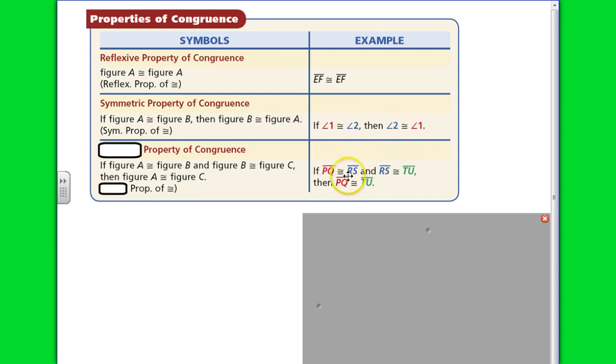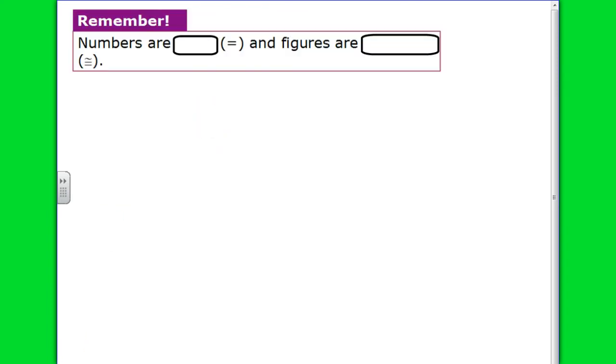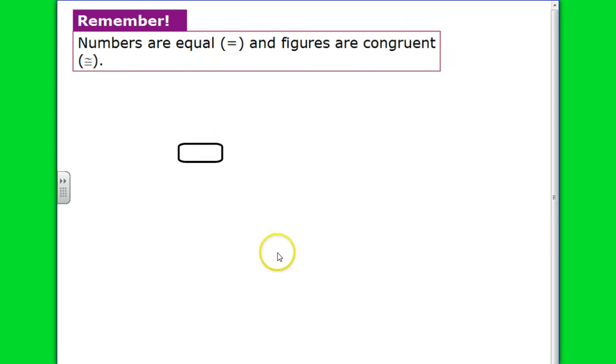Hop all the way over there. And there's that favorite one of mine, the transitive property of congruency. So remember, numbers are equal, but figures, like segments, are congruent.